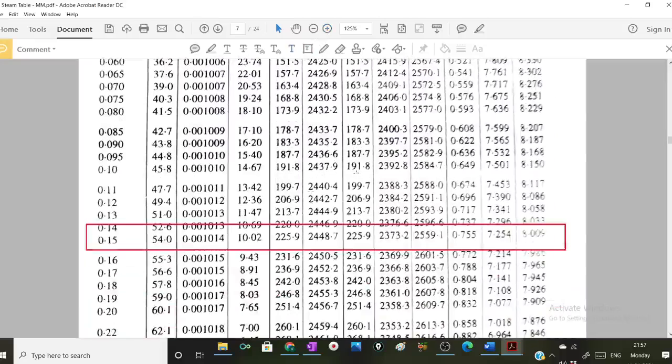So these values I have to refer from the steam table. This is T saturated. This is Vg, specific volume of saturated vapor, and this value.